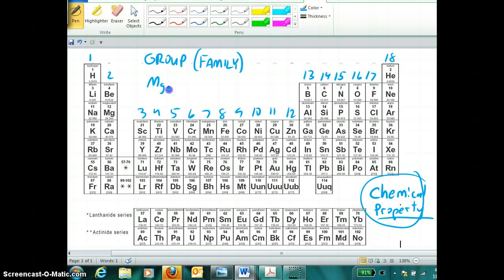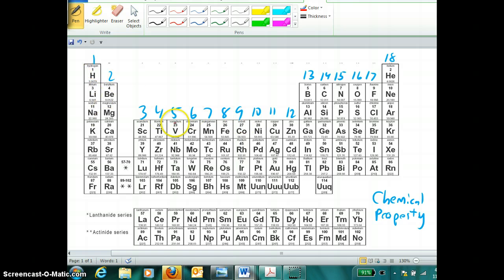So yes, in fact, magnesium does react with nitrogen in a different ratio to form compounds with a 3-to-2 ratio of the atoms. But so would calcium. Calcium would also do the same with nitrogen because, of course, they're in the same group. So that's why the term family is an appropriate name for these groups.